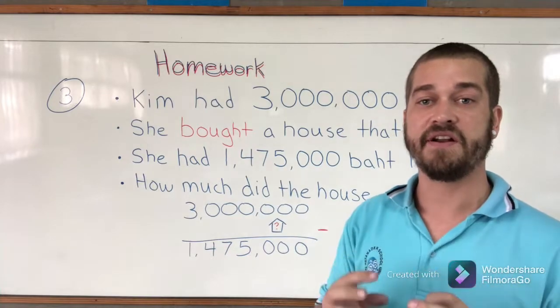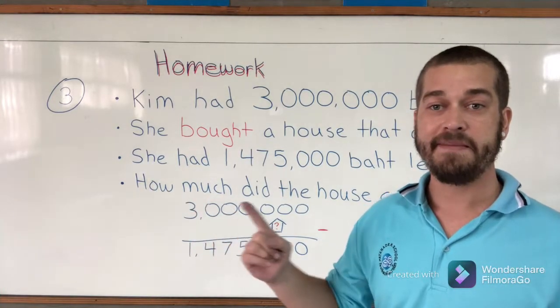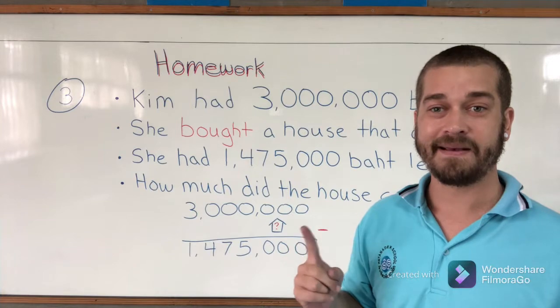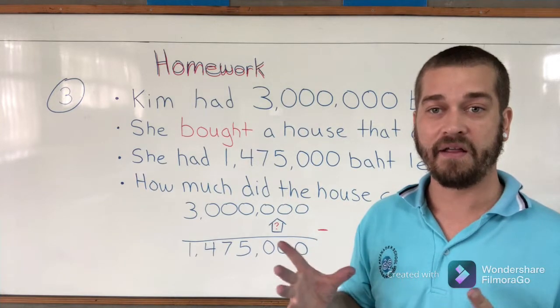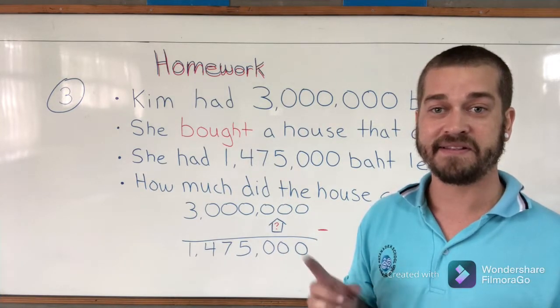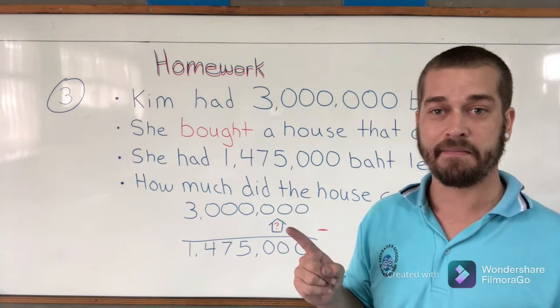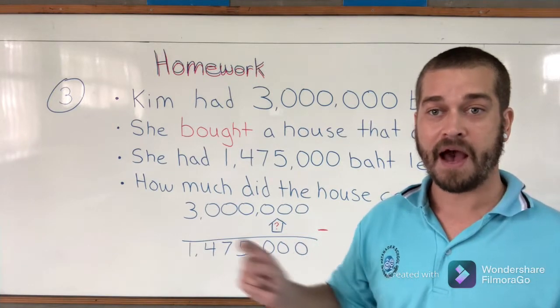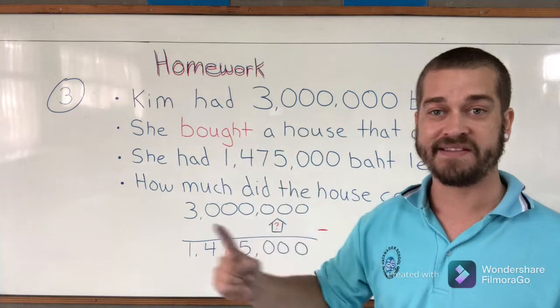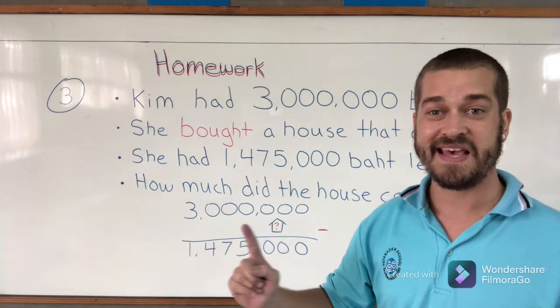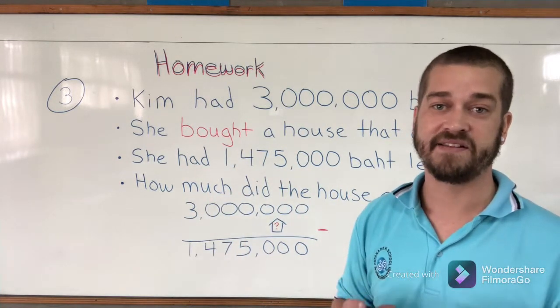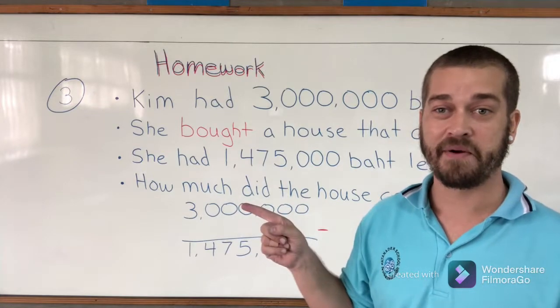It's what she started with. So, 3 million baht minus something gives you something. Well, just like our fact statements, we can actually swap this number with this number. I'm gonna do it right here so I don't have to erase all of this, and then we're gonna use this to check our answer. So, let me put that on the board right now.